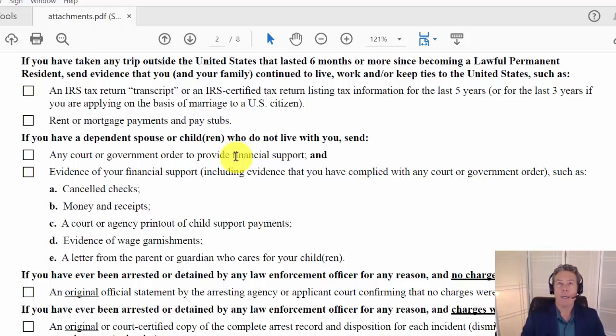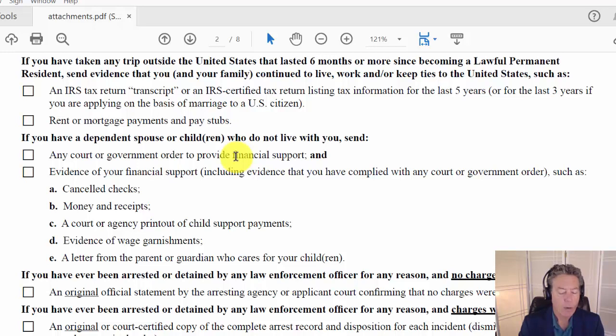Now, a lot of people don't have real formal child support orders. Maybe they're not on the birth certificate. Maybe for whatever reason, there's no legal showing that you have a child. So you have to list all your children on the application. So they're going to flag, are you paying for your children?